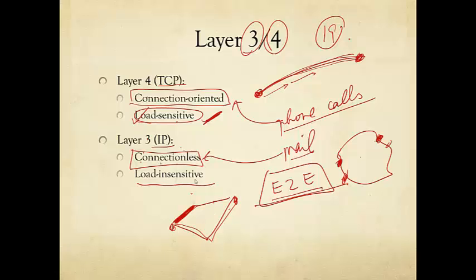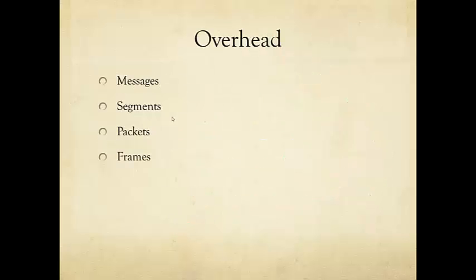Since routing is done at layer 3, it is load insensitive, and since source rate is controlled by layer 4, at least in the TCP version of the layer 4 protocol, it should be load sensitive. Again, is that the only option? Not quite. Actually, people have looked at load sensitive routing and load insensitive end-to-end control, but decided not to do that.